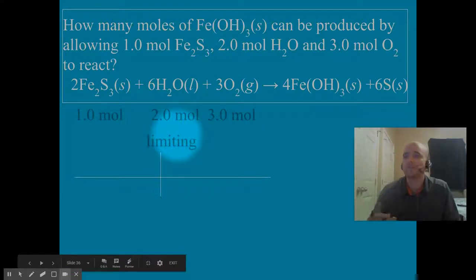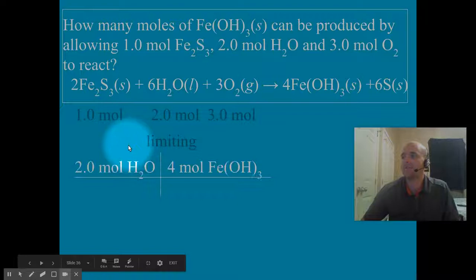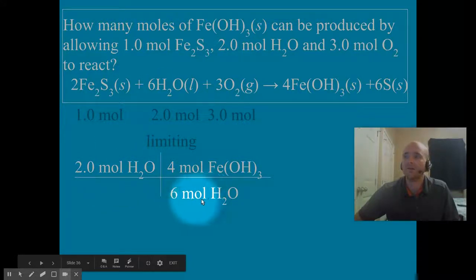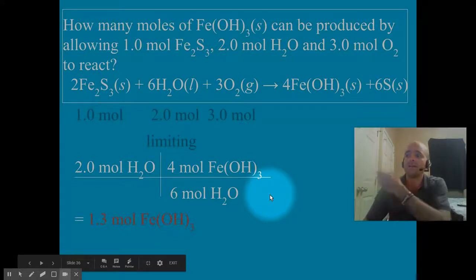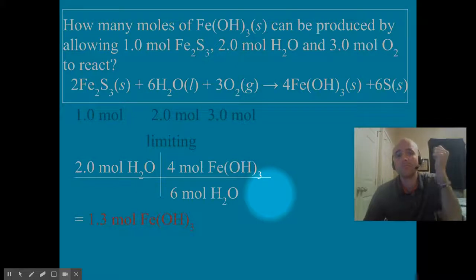To show this, I will take my stoichiometry: I will take 2 moles of my water and then apply the mole ratio of water to my product that I'm looking for, iron hydroxide. Remember, these numbers come from the coefficients in the equation. When I work it out, my answer is 1.3 moles of iron hydroxide.